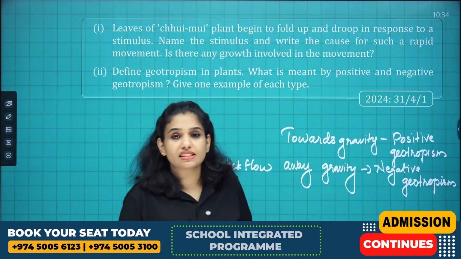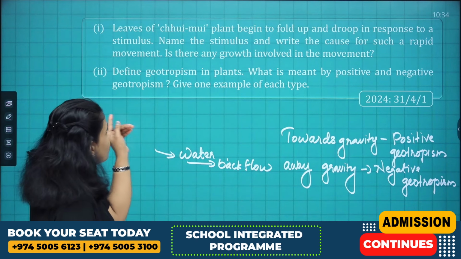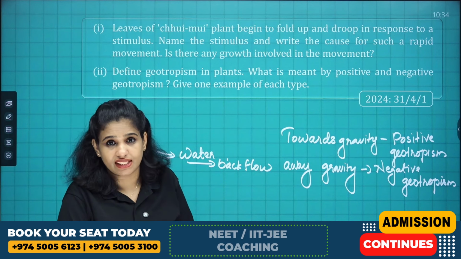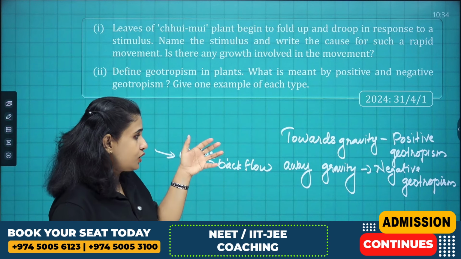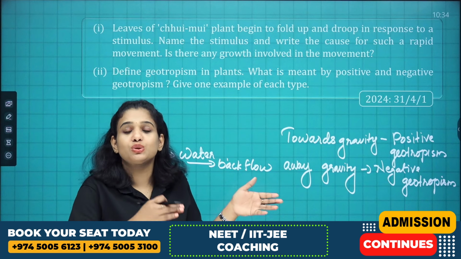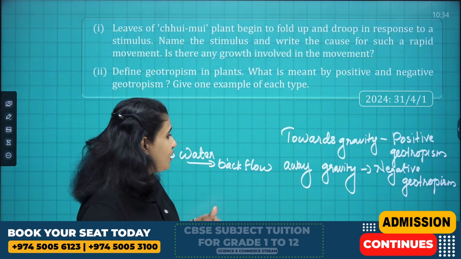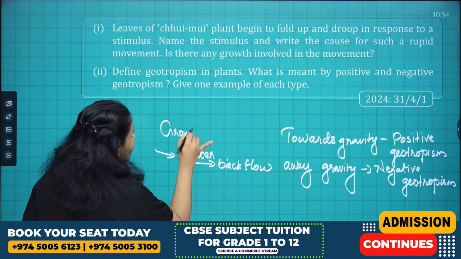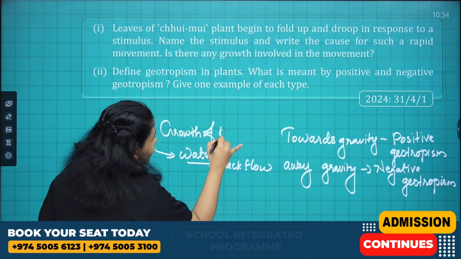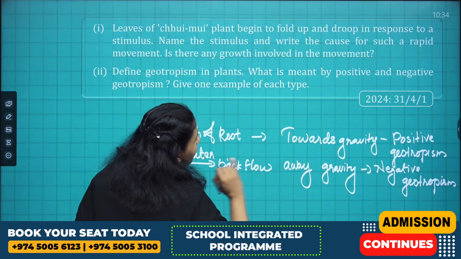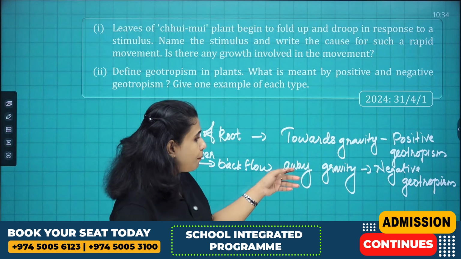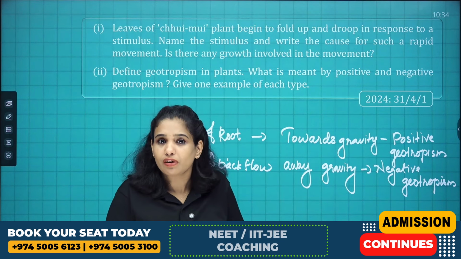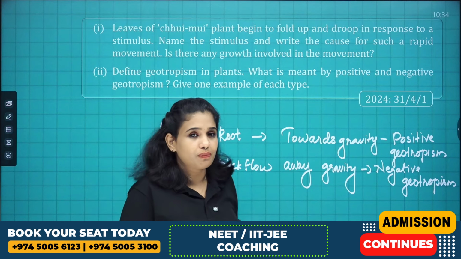Away from gravity is negative geotropism. So one example of each type you have to mention here. We know that the growth of root is towards Earth's gravity. So growth of root is an example for positive geotropism.